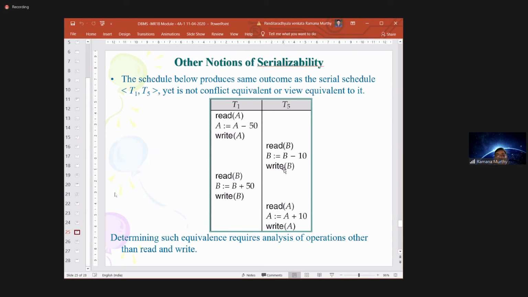The read and write combination is a conflict one, so it is also not conflict equivalent. So this schedule on this slide is neither conflict equivalent nor view equivalent.